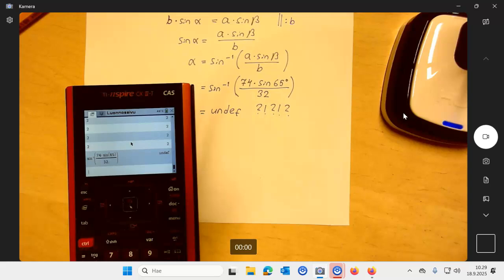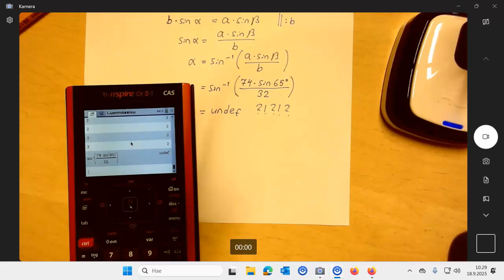Because it's a triangle. Here we have an angle 65. And then the numbers, if you look at the numbers also. Yes, it was impossible.